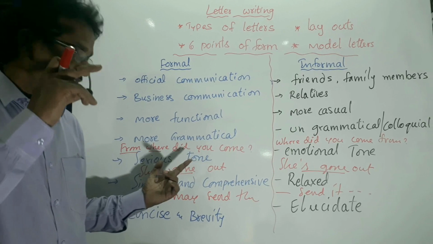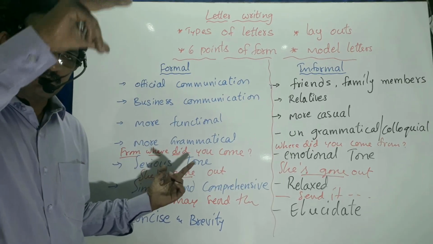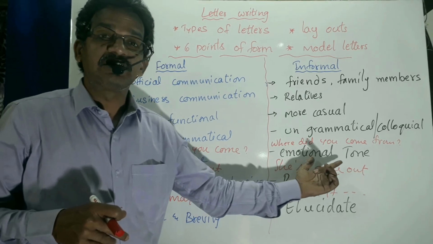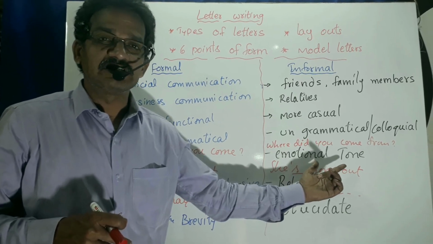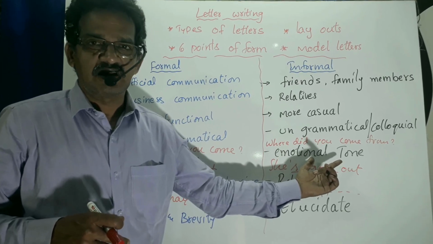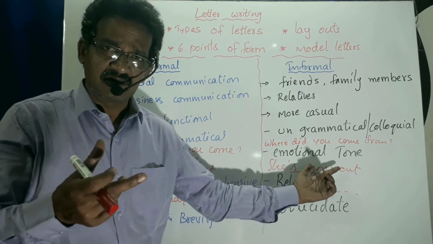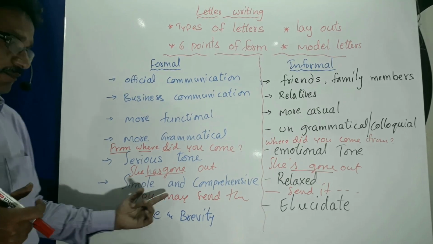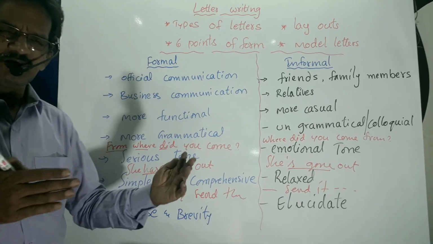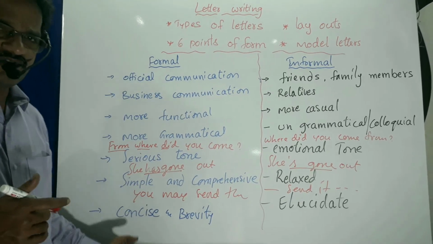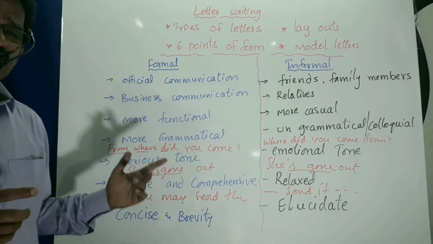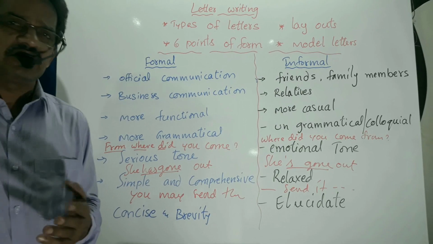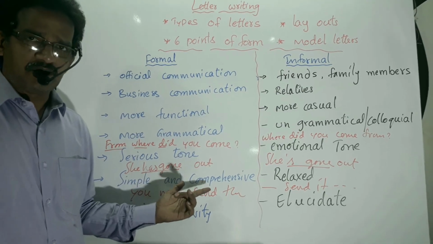A serious tone should be maintained in the body of the letter, whereas an emotional touch, an emotional tone, is maintained in the informal style of writing, because you are writing to your friends, your mother, your father. A letter should be simple and comprehensive in the official format, because officials may not have a lot of time to go through the entire details in the body of the letter.